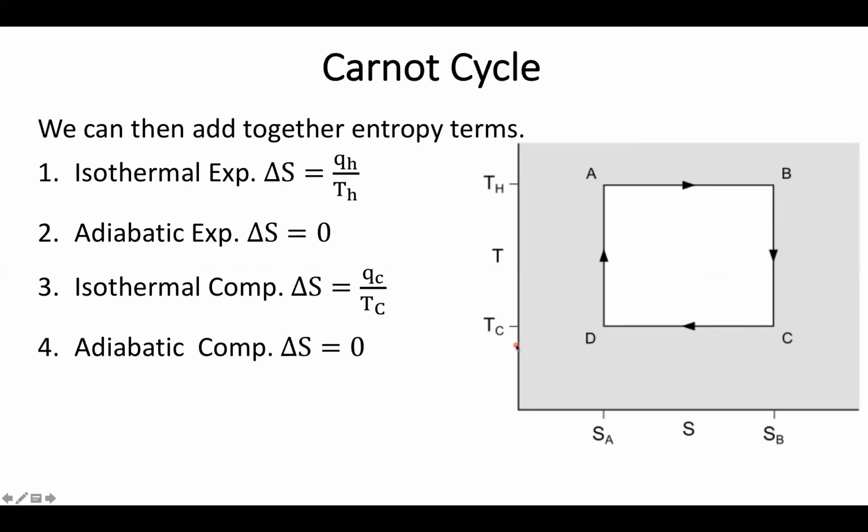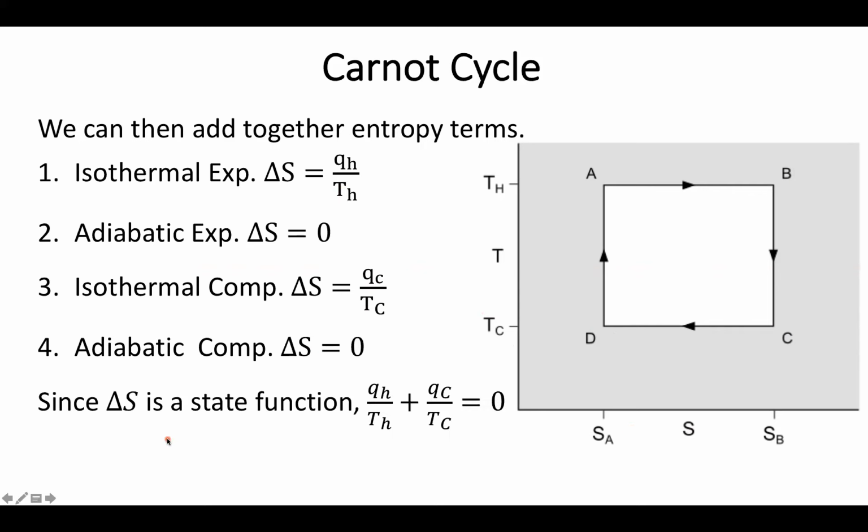So you can often represent our Carnot cycle with this temperature entropy graphical representation, where we see alternating temperature changes and entropy changes. Now we can go ahead and add all of our entropy terms together. And here we get lucky because 2 of our legs are 0.